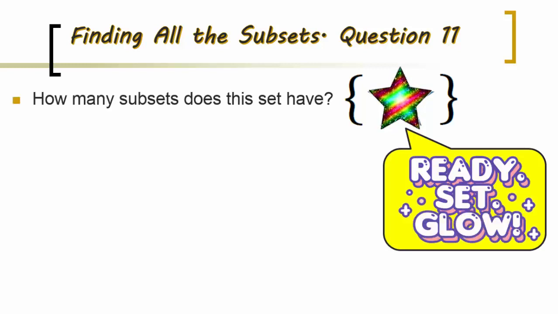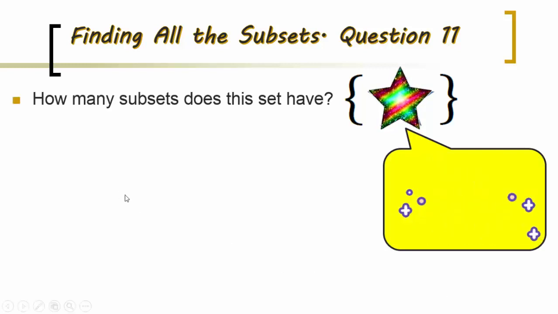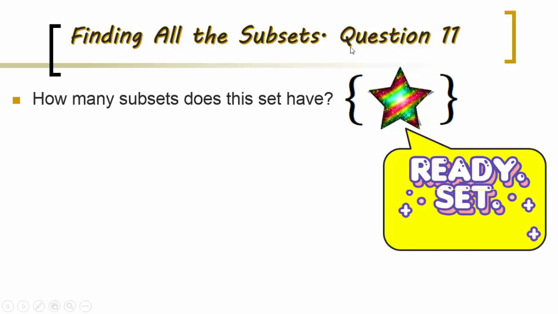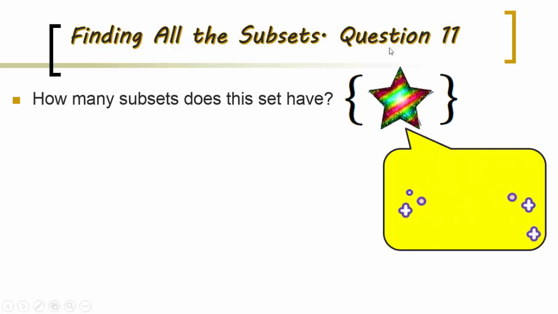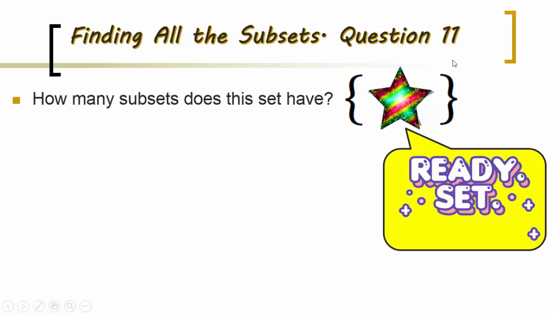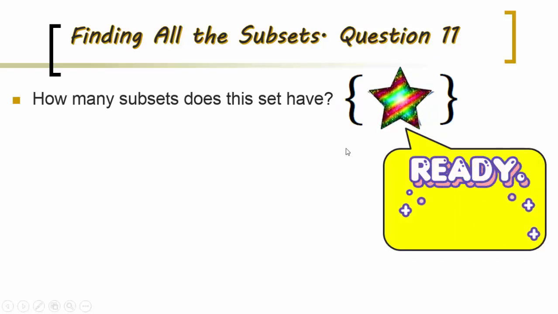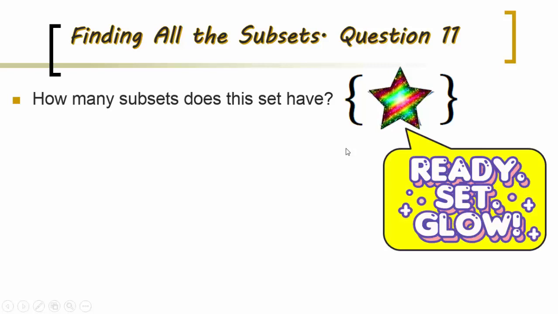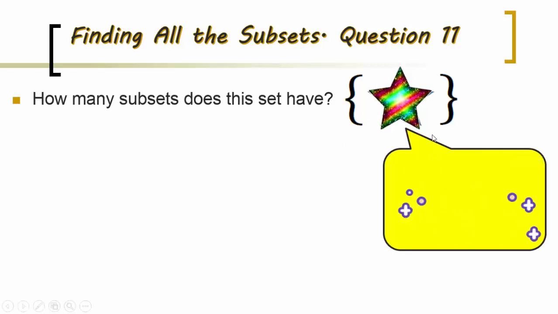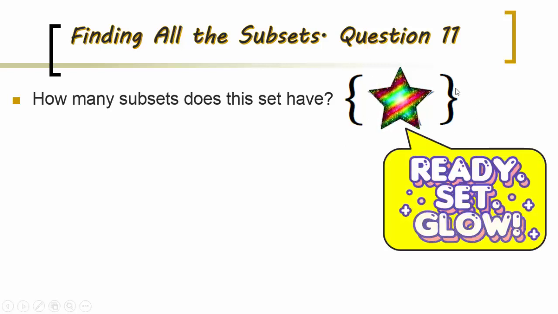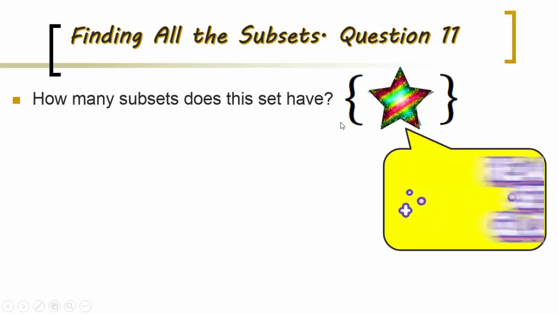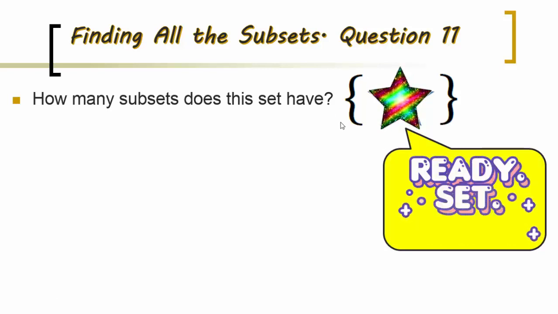In question 11, we're going to look at how many subsets this set has. So here we have this set and we have a star in it. We've already learned that the null set or the empty set is a subset of any set, and the entire set itself is a subset of the original set.